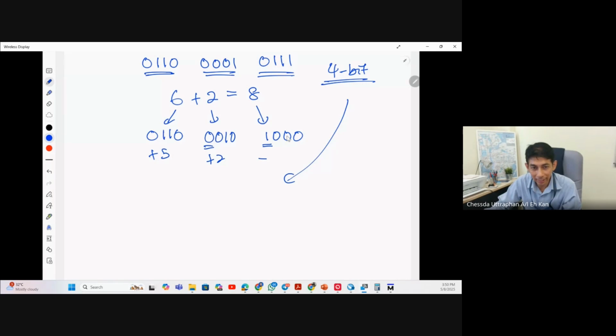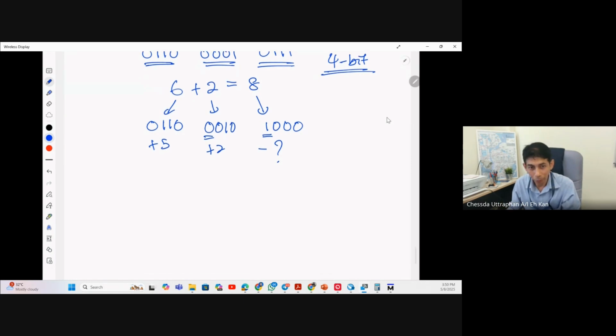But what is this negative? Negative what? Right? To know that value, you need to convert back from the second complement, because this is now in second complement representation already. So what you need to do: 1, 0, 0, 0. You find the first complement, which is 0, 1, 1, 1.